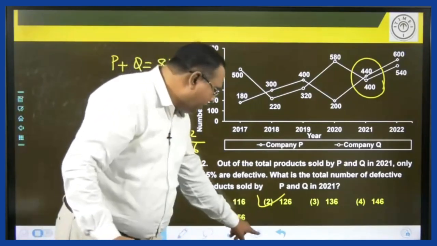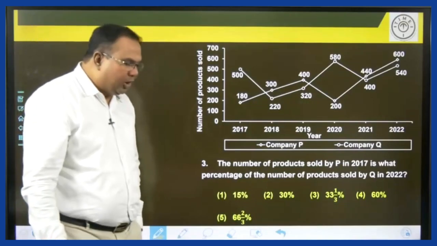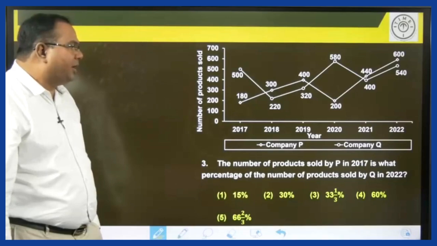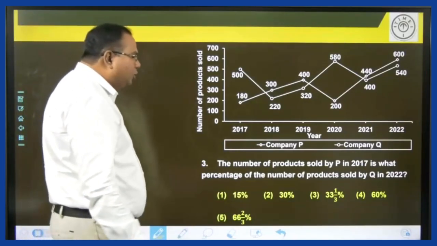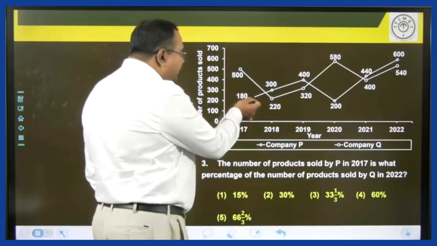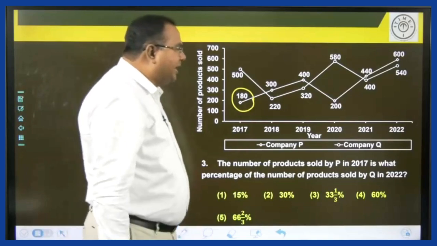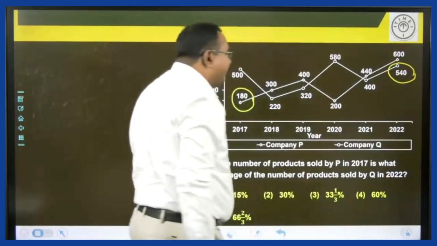Let's move ahead. Question number 3. Number of products sold by P in 2017 is what percentage of number of products sold by Q in 2022? So, P in 2017, P is rhombus shape, 180. It is what percentage of Q, circle represents Q, in 2022? 540.